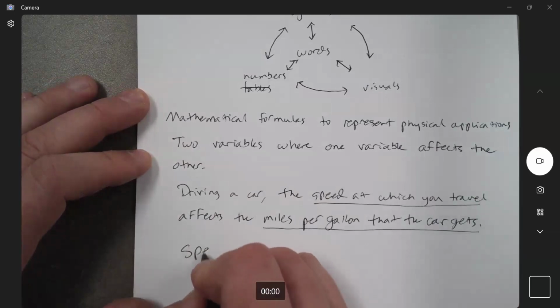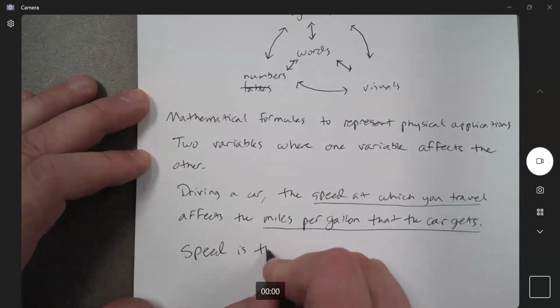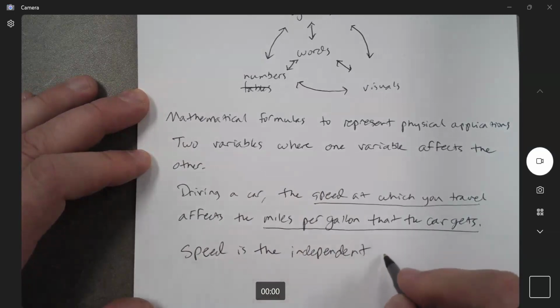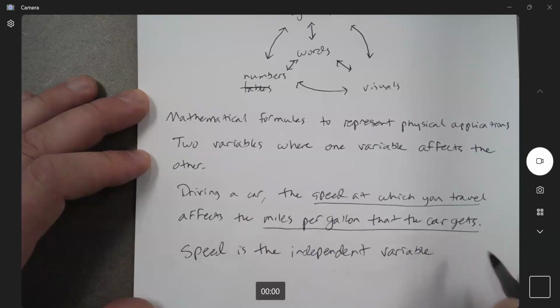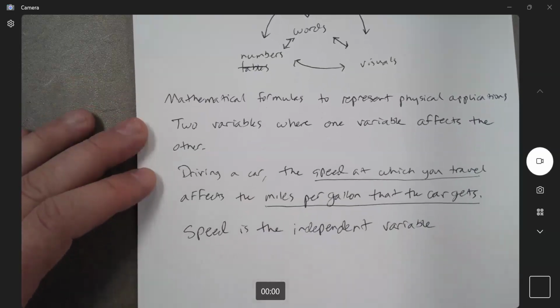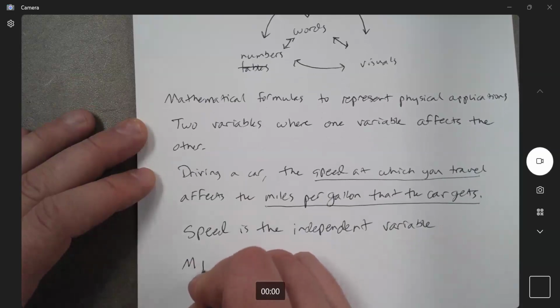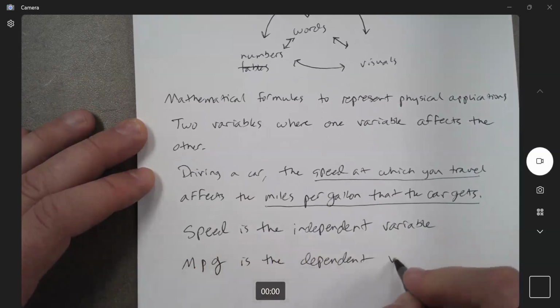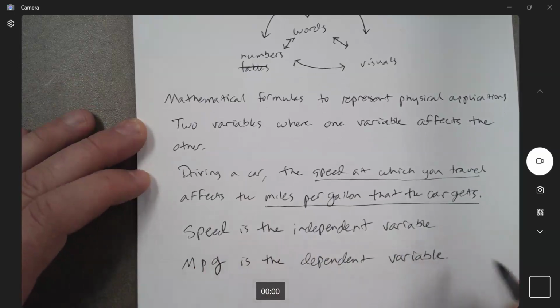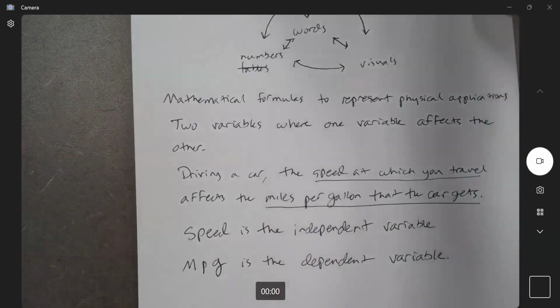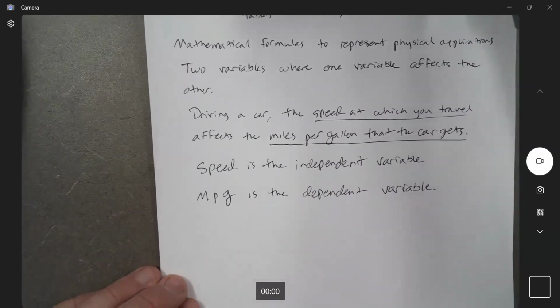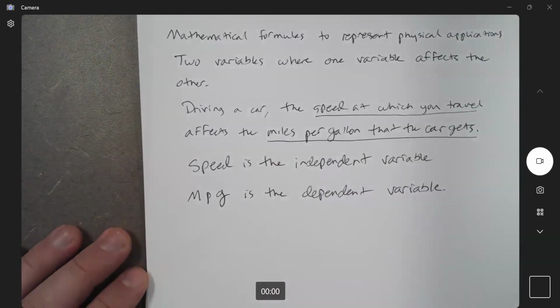We would say the speed is the independent variable. It's what you choose. And the miles per gallon, which I'm going to abbreviate as MPG, is the dependent variable. So this would be a words or a verbal representation of this idea.